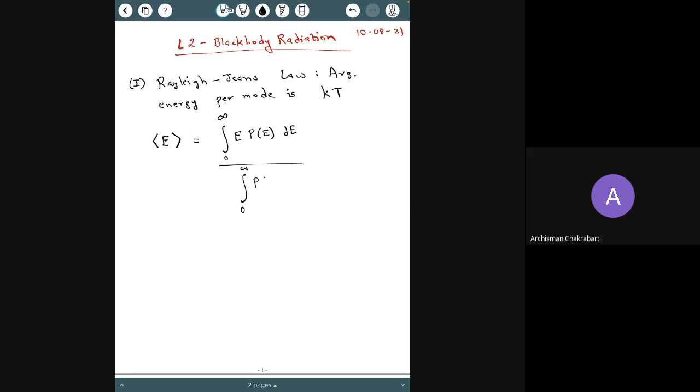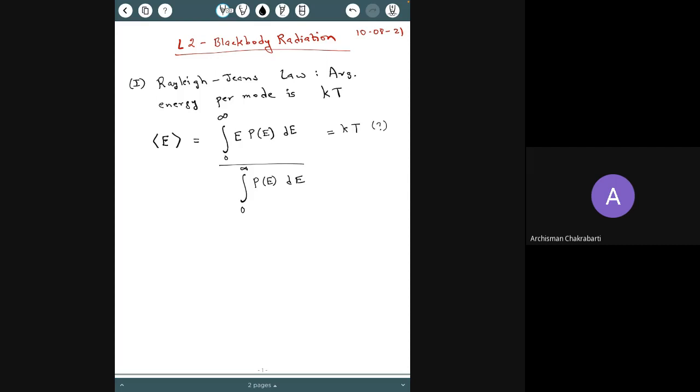Here this is a probability distribution function. If it is normalized, then of course the denominator is 1. But when it is not normalized, you have to divide by the total integrated probability in order to have an average energy per unit energy in a way. Okay? And we want to show that this is equal to kT.